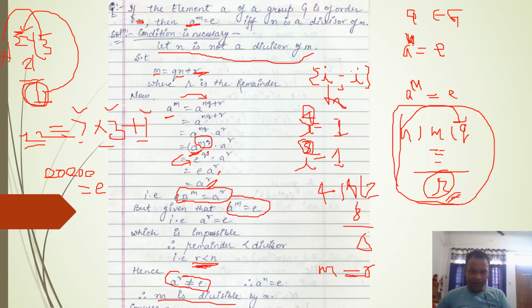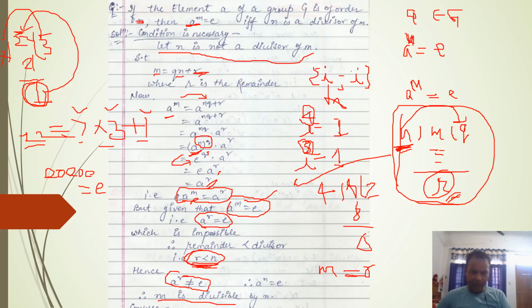But if you consider it from the point of view of group, then because a to the power m is equal to identity, a to the power r will also be equal to identity. Sorry, the remainder is always less than the divisor. So we can also write it in this manner, that the remainder will also be less than n.